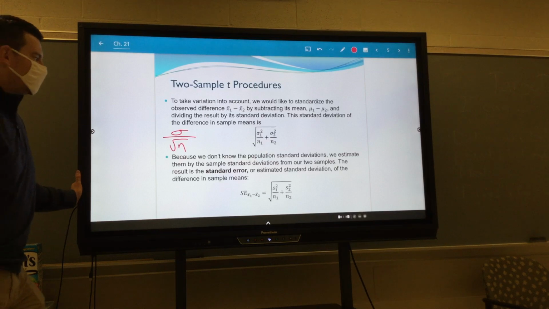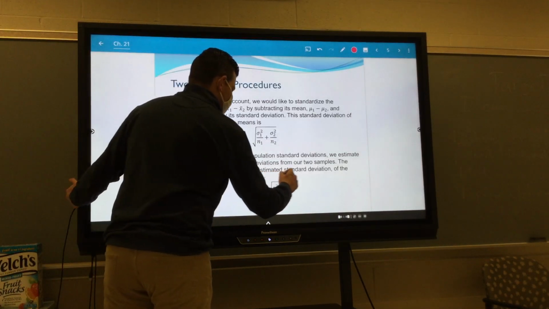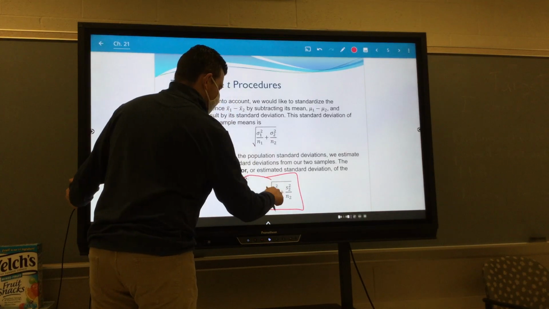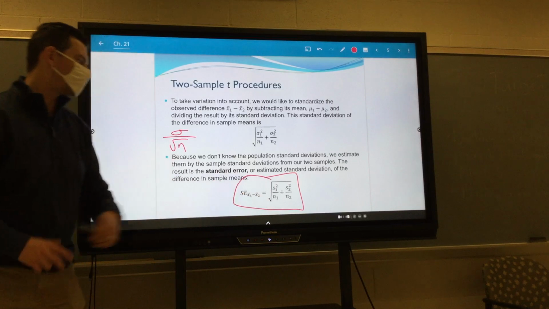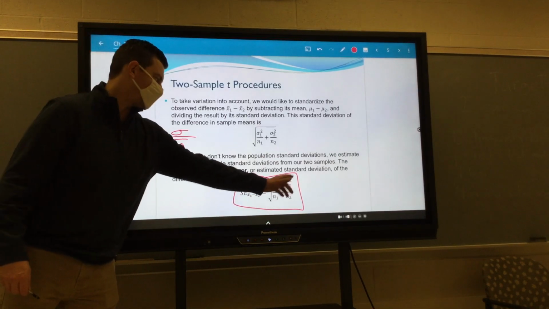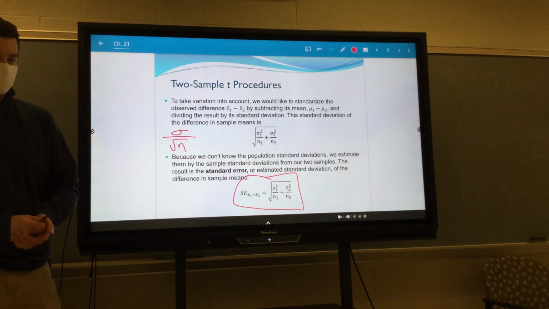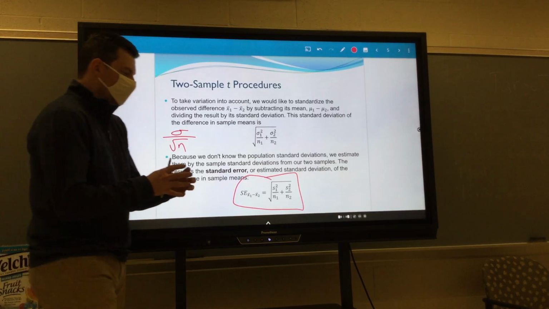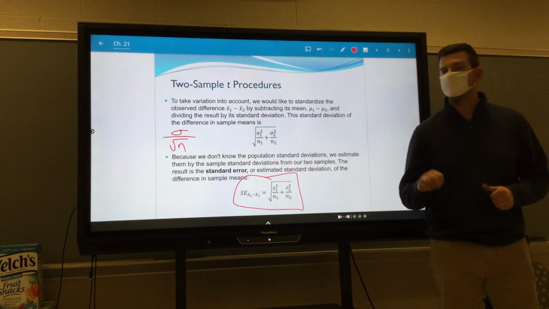And because we don't know the population standard deviation, we are going to replace that with our sample standard deviation, S. So what happens is we have S1 squared over N1 plus S2 squared over N2, and take the square root of that. This is our standard error for our two sample T procedures.